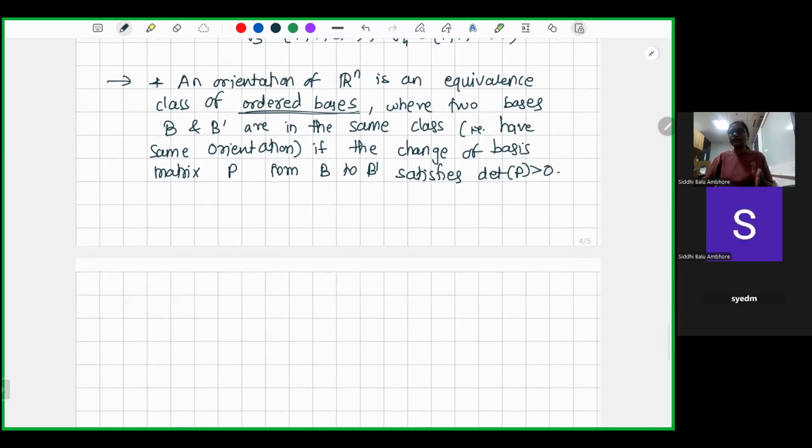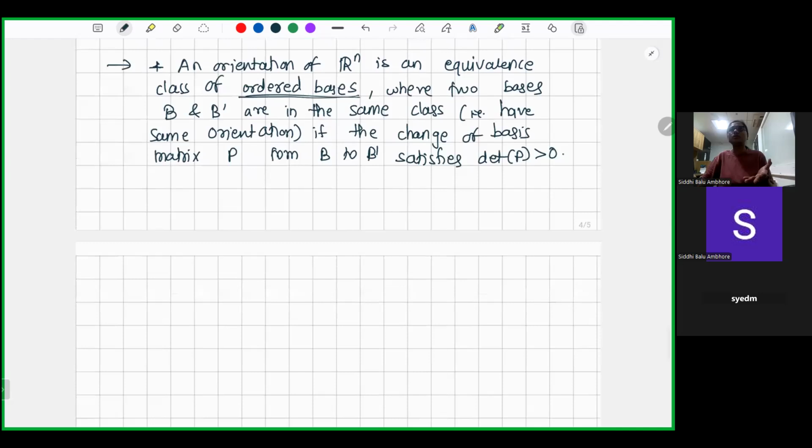So they are either positively oriented or negatively oriented.